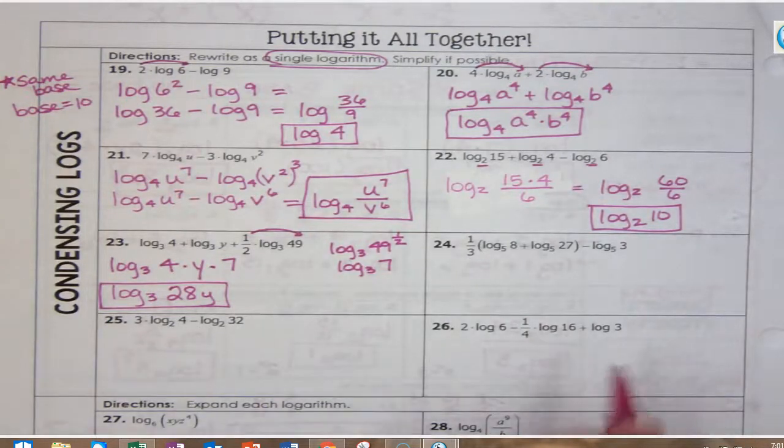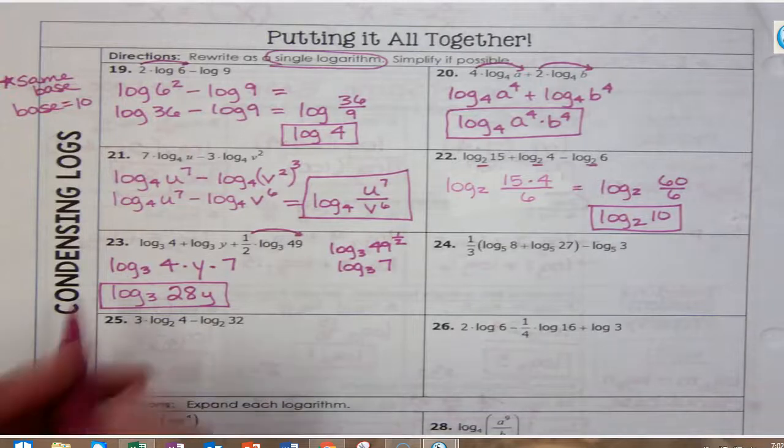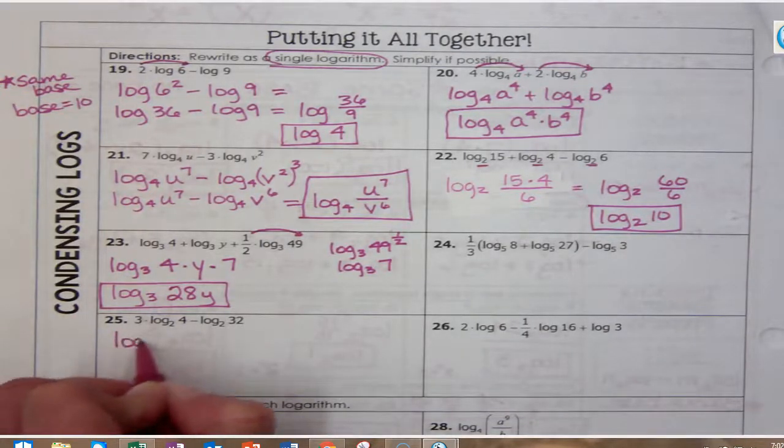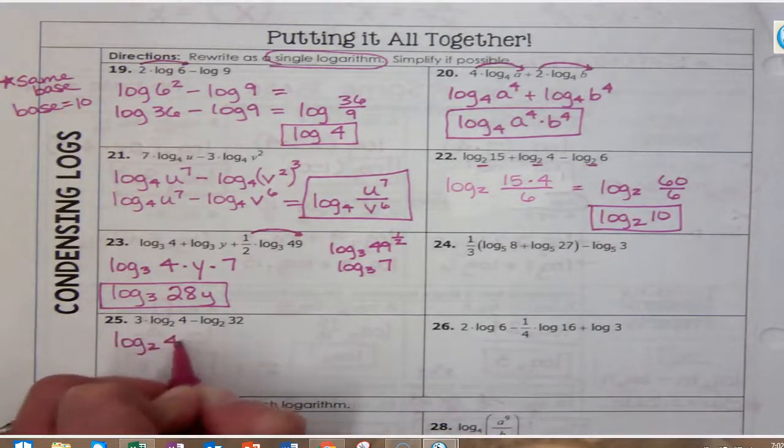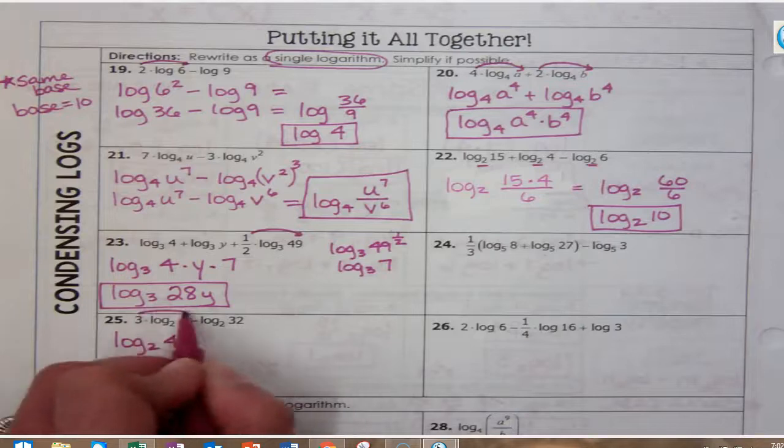Then do this one if you haven't already. See if you can do this one. Pause it. All right, you get log base 2 of 4 to the 3rd power. Remember, you raise that up there.